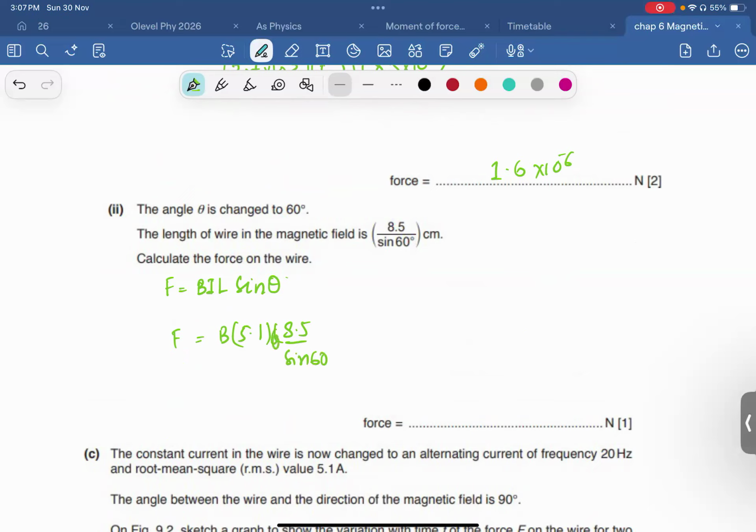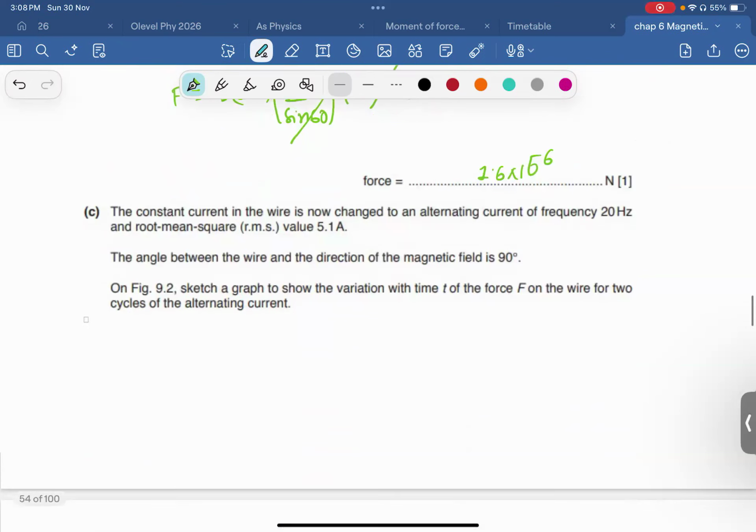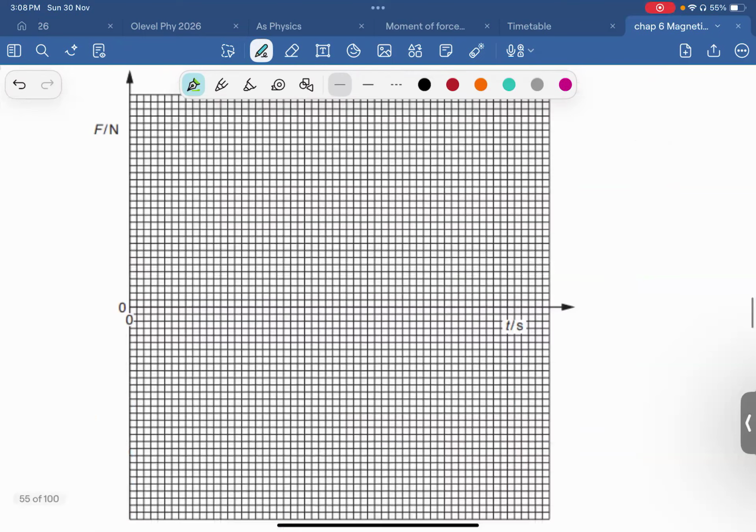And this is going to be multiplied by sine 60 as well, so this and this cancel off, and you are ultimately left with the same force, 1.6 exponent negative 3. Again, RMS, so you can ignore it.